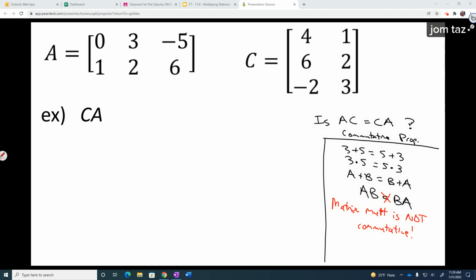There's a really good, easy explanation why. Before we even do it to see that they're not the same, let's just write out the dimensions to start. So if we're doing C times A, we need to make sure we write the C dimensions first. The C dimensions are going to be 3 by 2, right? And then the A dimensions are 2 by 3.